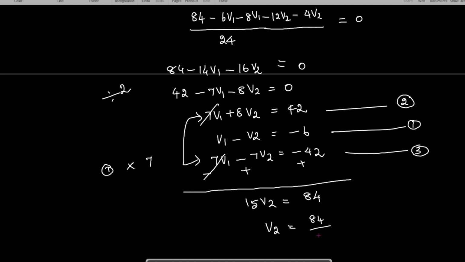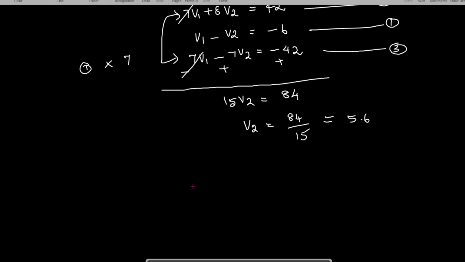V2 is equal to 84 by 15, which is 5.6. So what is the answer we got? We got V2 as 5.6 volts. This is the node voltage we got as answer 1.